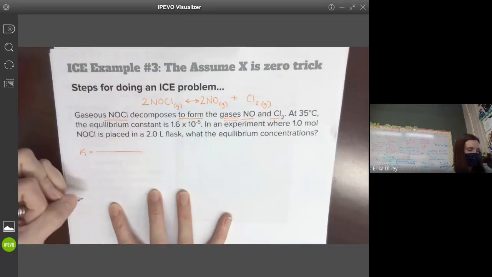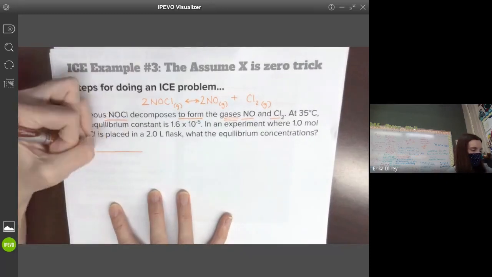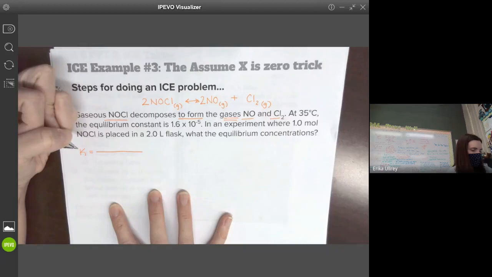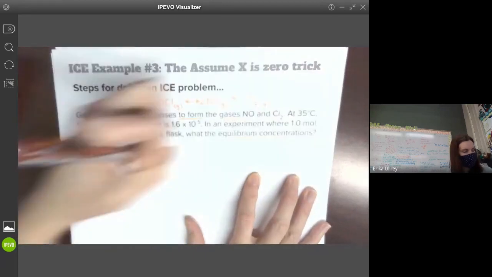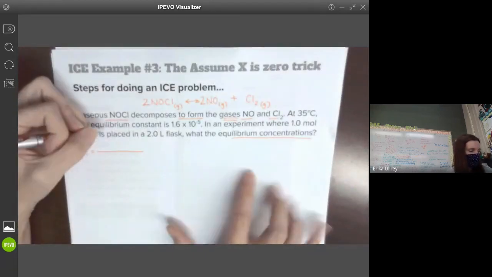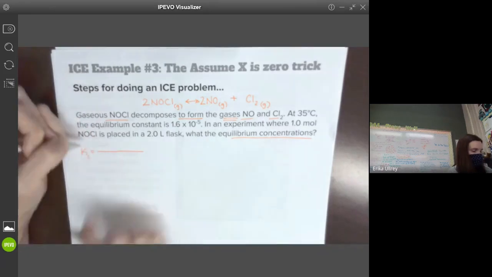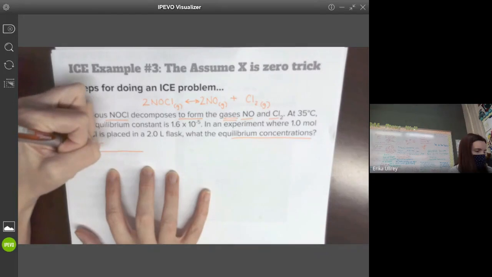Yep, products over the reactants, and they're all gases, so all of them will be included. So what are we writing up top? Okay. And also keep in mind it says equilibrium concentration, so we're looking at concentration. So, yep, square bracket.